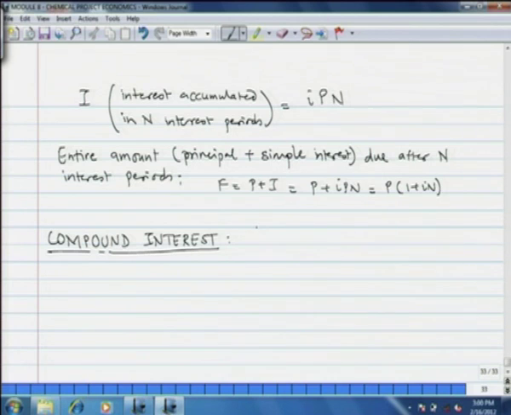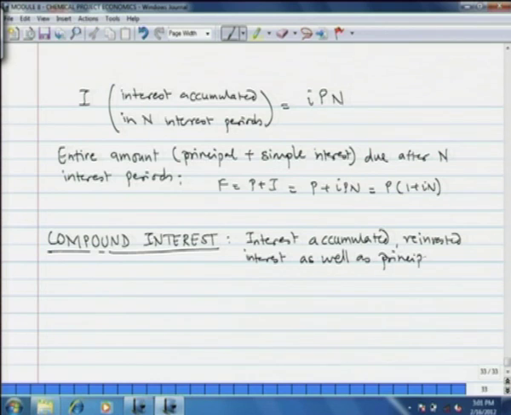the interest earned or accumulated is reinvested, interest as well as the principal amount.